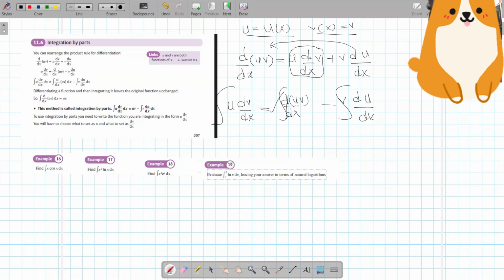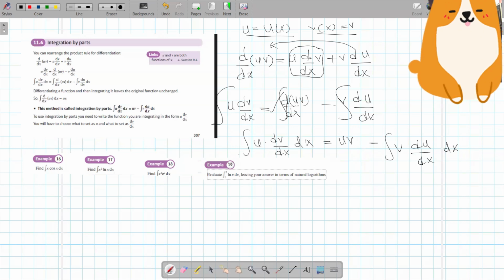The left thing will be u times dv over dx, which equals u times v, because derivative and antiderivative are opposite, reverse processes of each other. So these will be cancelled out. We will get uv and negative integral of v du over dx, integrated with respect to x.